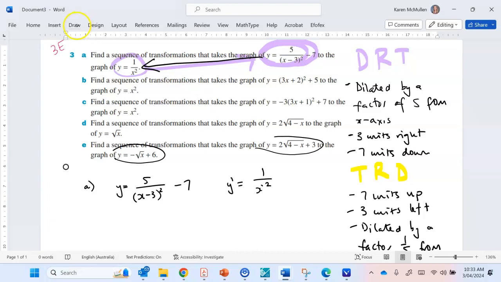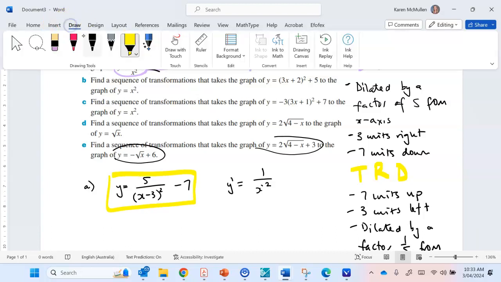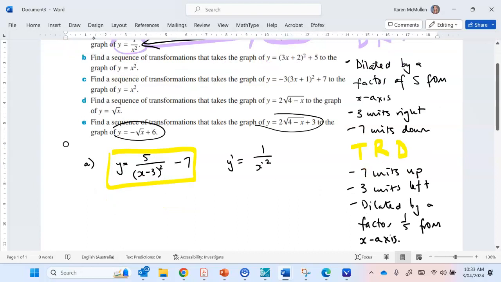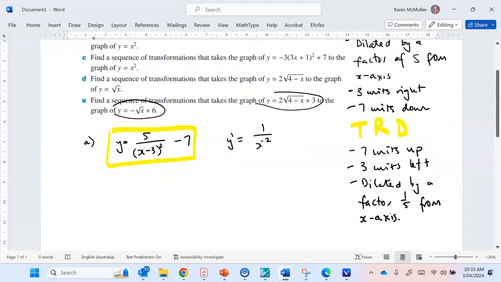With our equation here, we just need to rearrange it to get it into its basic form. What I mean by basic form is just 1 over x squared. So I'm bringing that 7 over first, so y plus 7, and then I'm going to get rid of that 5, so I'm going to divide both sides by 5.